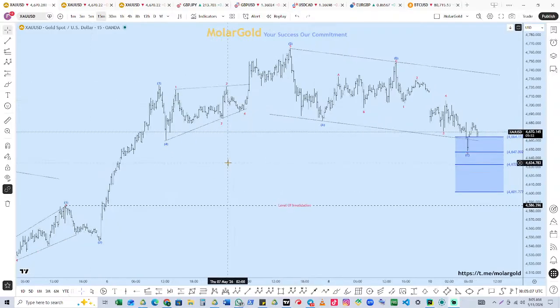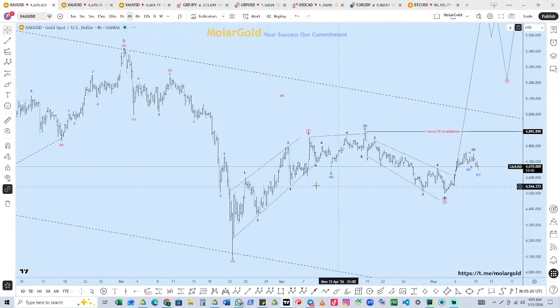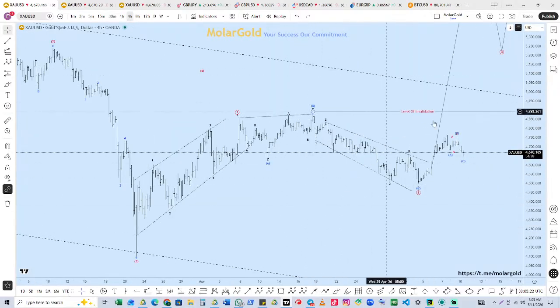So let's start with the Elliott wave analysis. I'm going to start from the 4-hour time frame. I told you guys something last week.